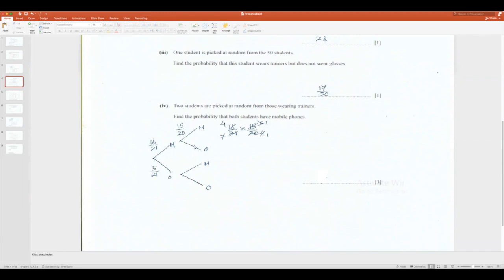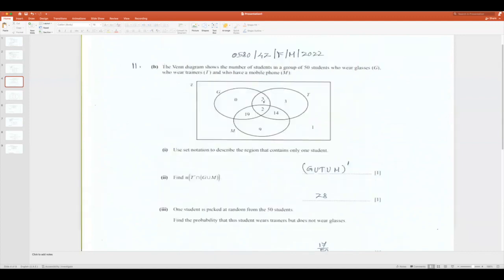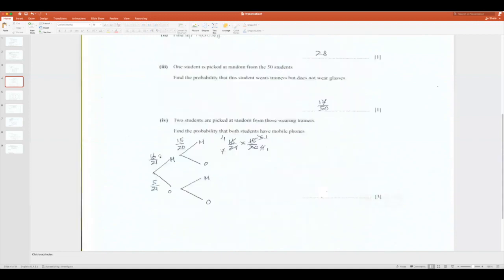Both students have mobile phones. The total is 21, with mobile phones and without mobile phones. The students in trainers having mobile phones are 14 plus 2, 16. The total is 21, so 16 over 21 is having mobile phones. This is the first student.